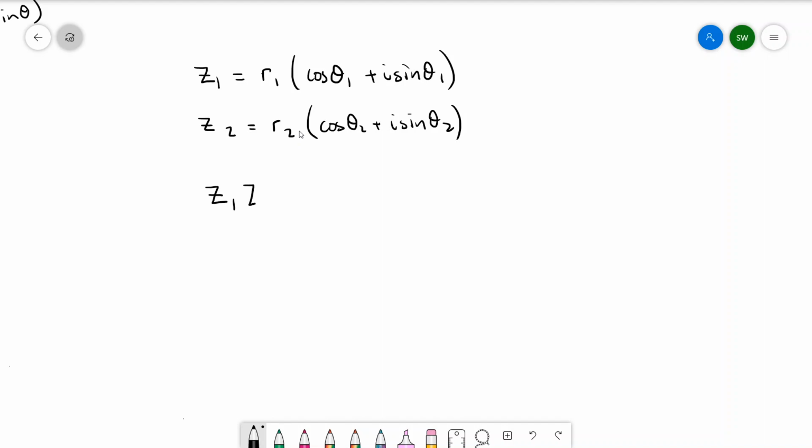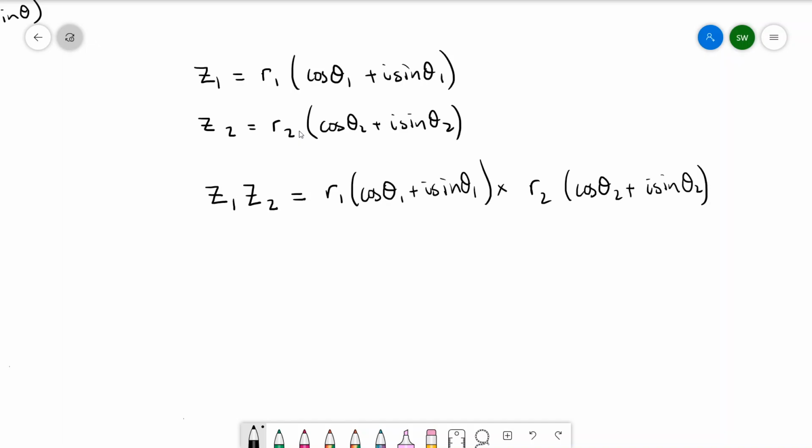So let's do z1 multiplied by z2. So we're going to do this complex number multiplied by this other complex number here. And hopefully we'll be able to simplify it into a nice easy formula which makes multiplying complex numbers easier. I'm going to start off by doing r1 times r2 and just put that at the front.